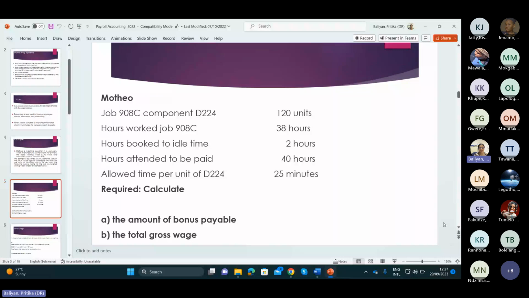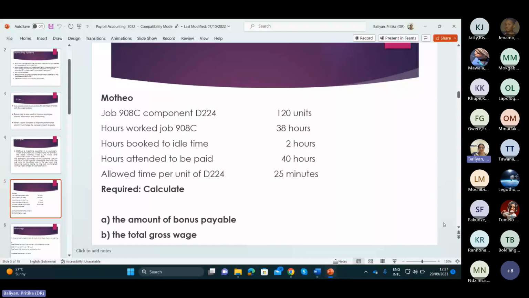The hours booked as idle time, normal idle time, is 2 hours. The hours to be paid is 40. The allowed time to produce each unit of the component D224 is 25 minutes.